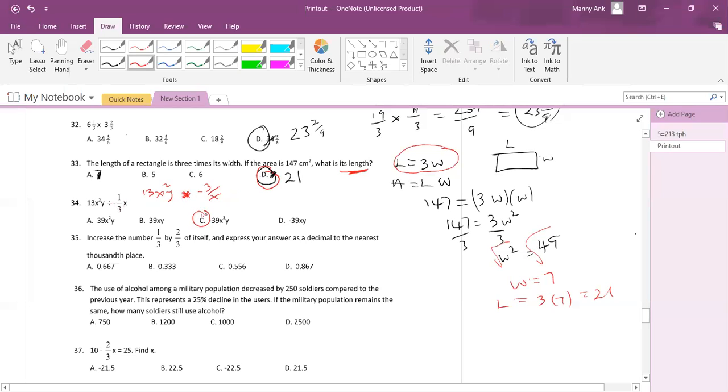All right, so we can now cross out. One of the x here will cross the other x here. So we end up with 39, 3 times 13, 39. Then the x, one of them will cross out. You can put this over 1, if you don't think you're going to make an error. Then you know what to cross out. So have x and then 1y left. And this is negative. So negative 39xy.